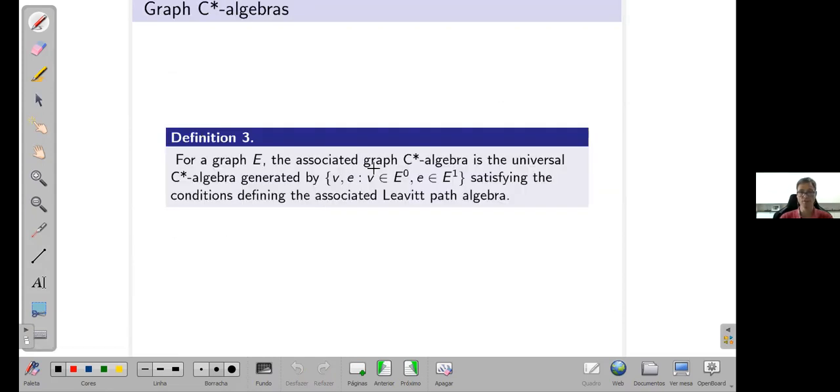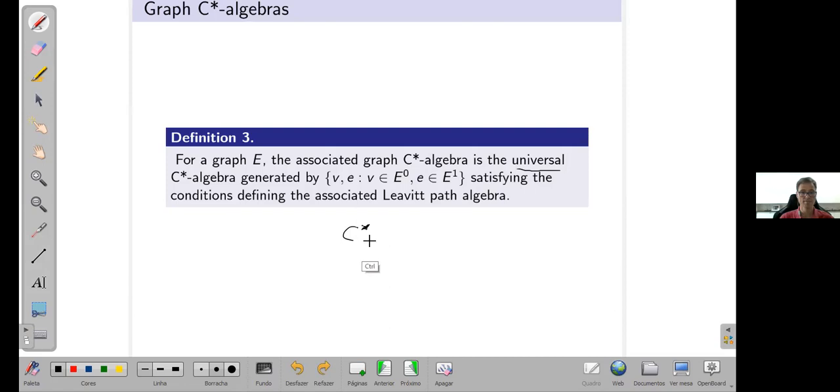And universal here, if someone doesn't know what it means, is just that if I have another algebra A with generators that satisfy the same relations as the ones that define C star of E, then we have a homomorphism from here to there.